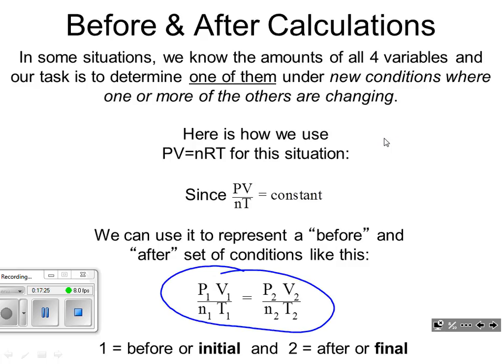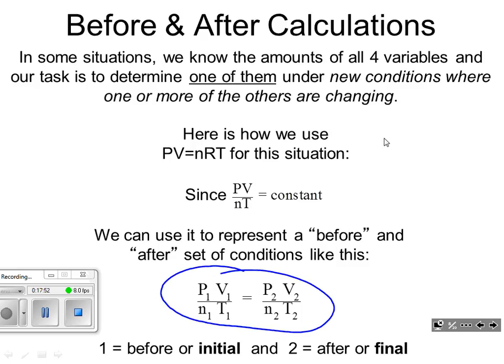So the big thing we need to know is this equation right here, where P1V1 over N1T1 is the initial, the 1. That means it's the first. That's what we started with. And the final one is going to be the 2. So P1V1 over N1T1 is equal to P2V2 over N2T2.